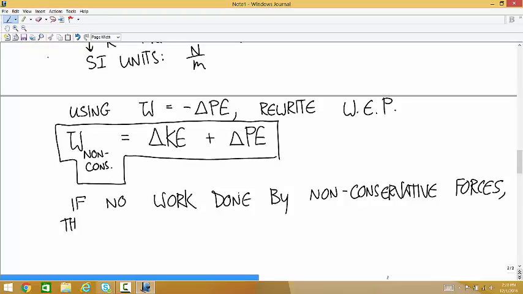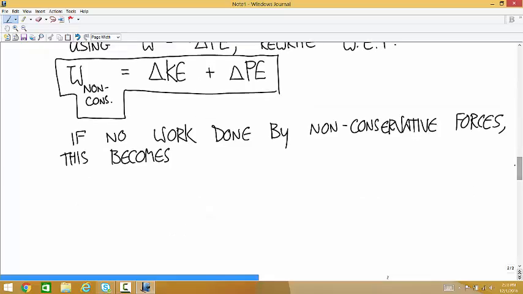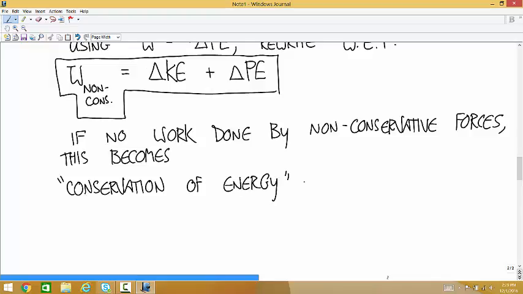So if there's no work done by non-conservative forces, this becomes conservation of energy, which looks like this.